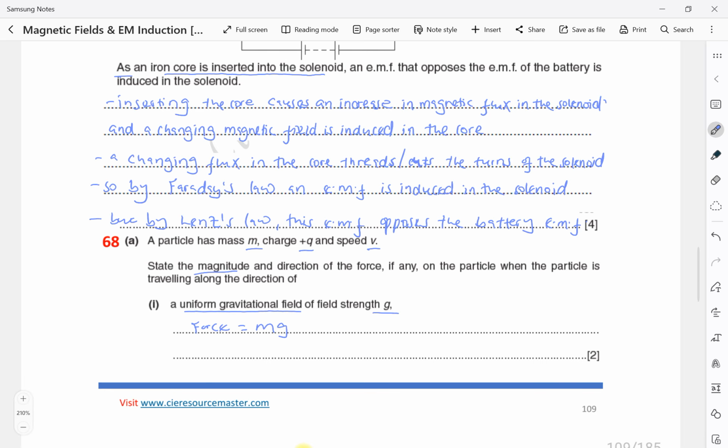The direction is towards the center, or acting in the same direction of the field. So this one acts along the direction of the field, or along the direction of the motion.